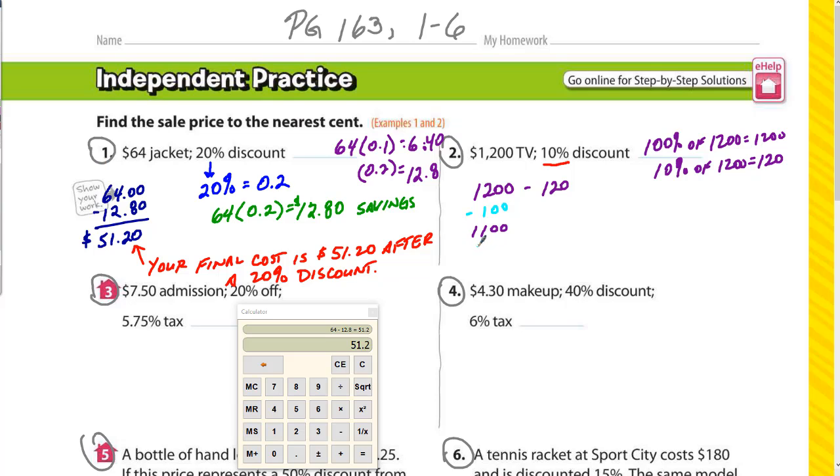Then I'm going to take away the other 20, and that's going to give me 1,080. I can think in my head, okay, if I have 1,200 and taking away 120, I can take away 100 and then take away 20 more. So the TV will cost $1,080 after the 10% discount.